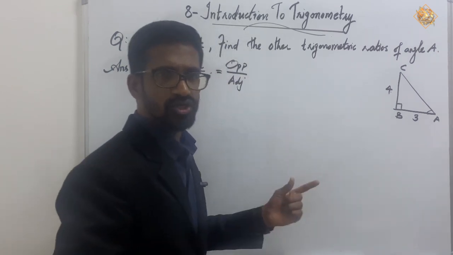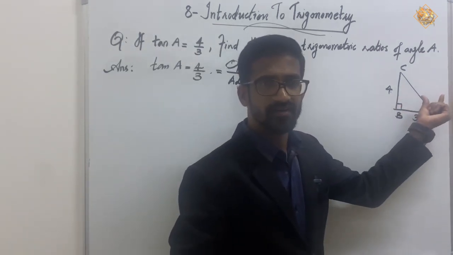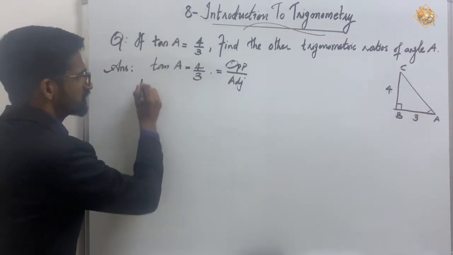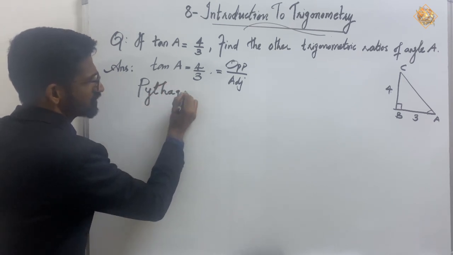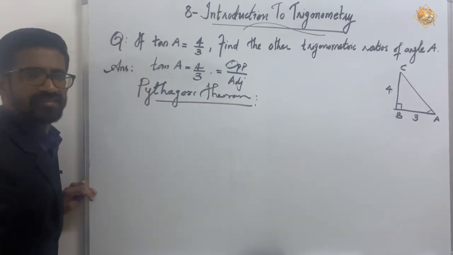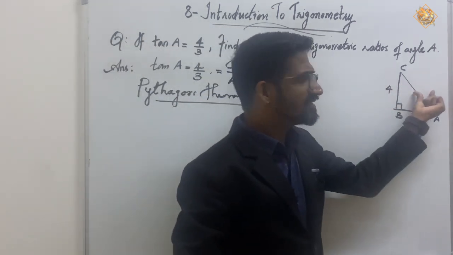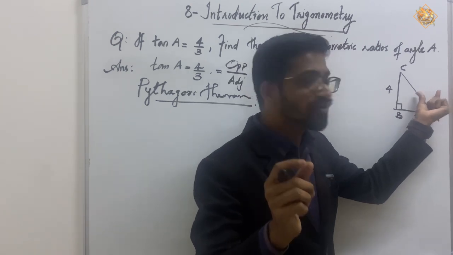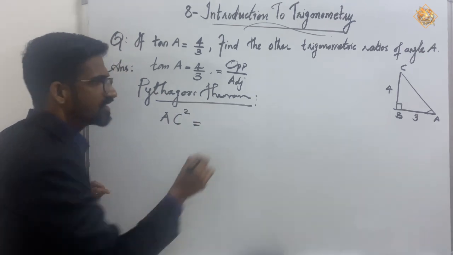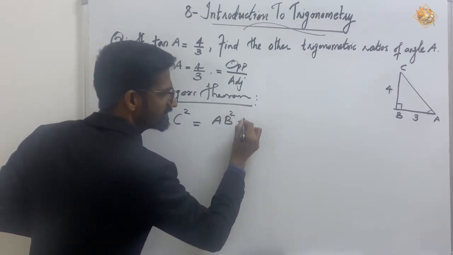Now to find the other trigonometric ratios, that is sine, cos, cosec and so on, we have to know the length of the hypotenuse, that is AC. To find AC, we apply the Pythagoras theorem in the triangle. The square of the hypotenuse, the longest side, will be equal to the sum of the squares of the other two sides, that is AB square plus BC square.